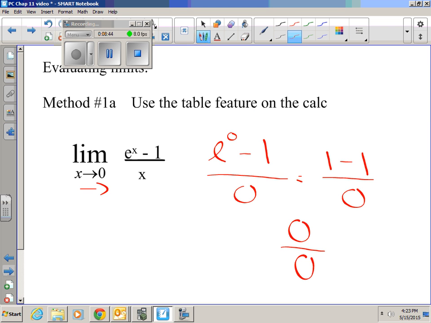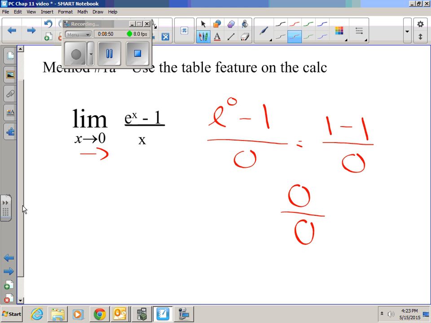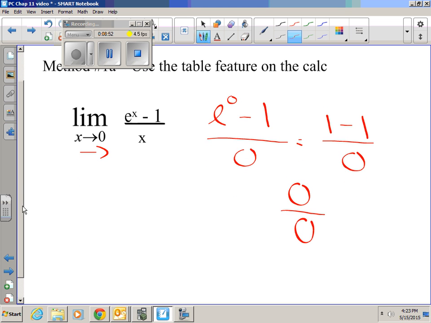But I can find the limit by looking at my graph on the calculator, or I can look at the table on the calculator. So I'm going to go to my table set and change that to small increments.